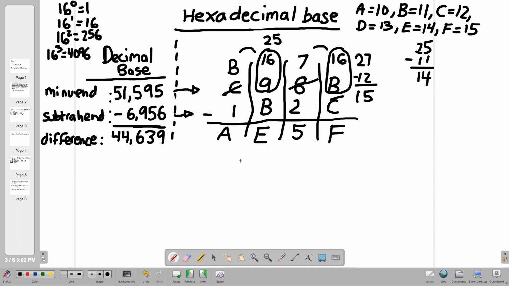So let's show, we always like to look at the position here. We will say F is in the 0th position, 5 is in the first position, E is in the second, A is in the third position. So let's try to compute.